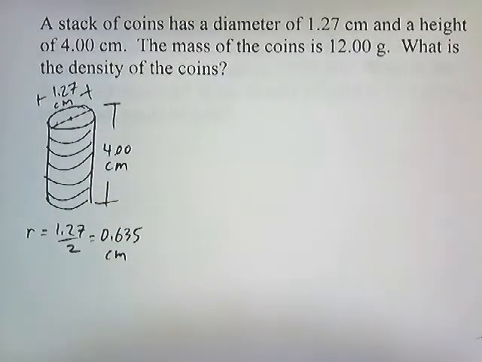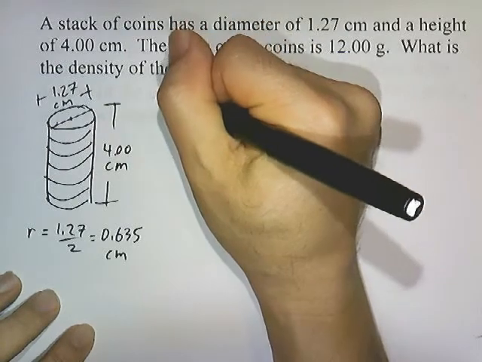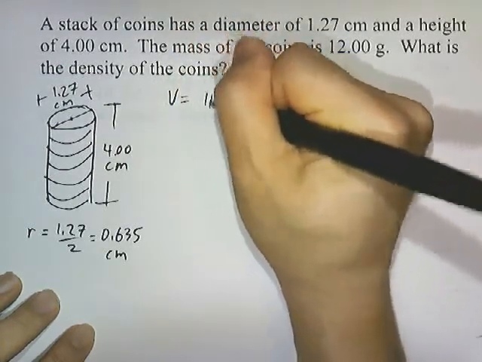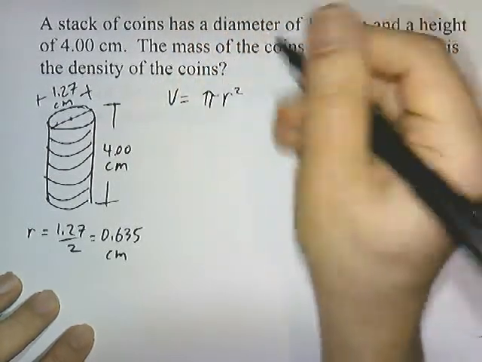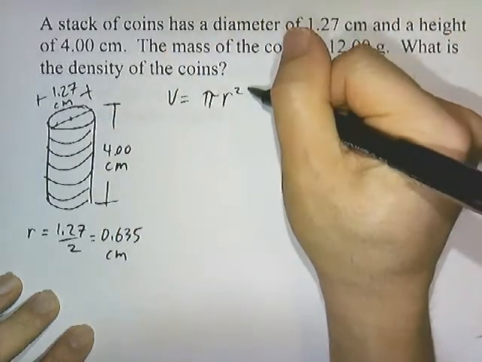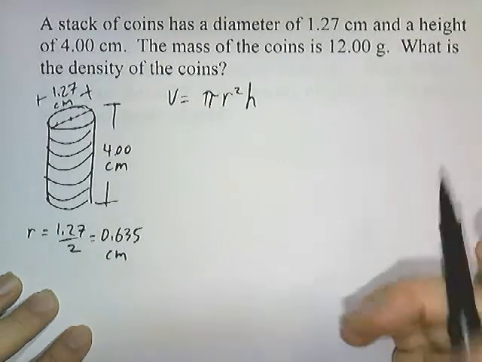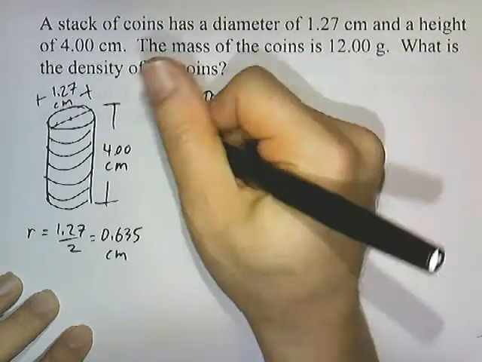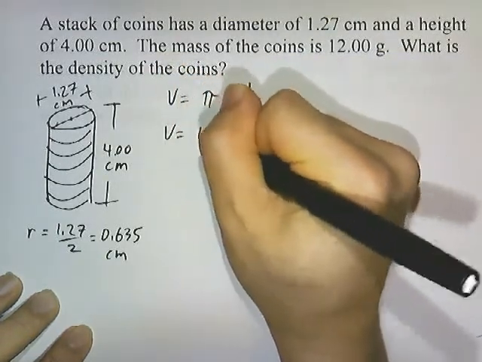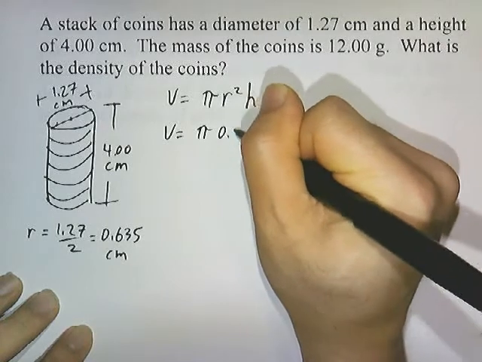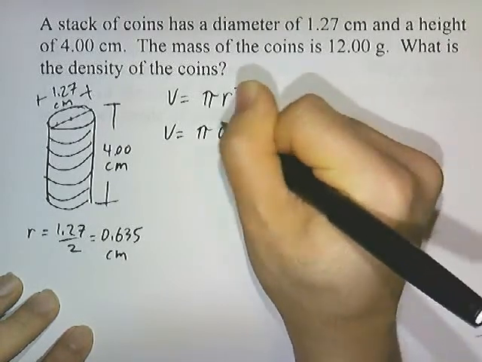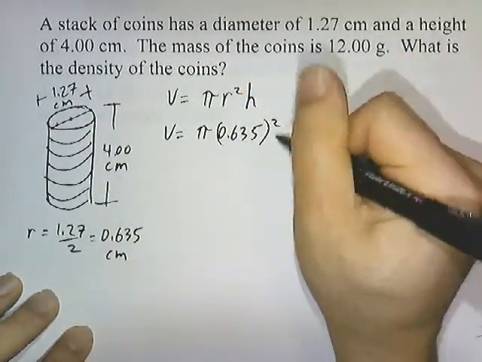All right, when we have enough information, we can find the volume of this stack. The volume of a cylinder, remember from geometry, is pi r squared, which is the area of the top, times the height. Anytime you multiply the area of a regular figure by its height, you get the volume. Okay, so the volume of our figure is going to be pi times 0.635 squared times the height.